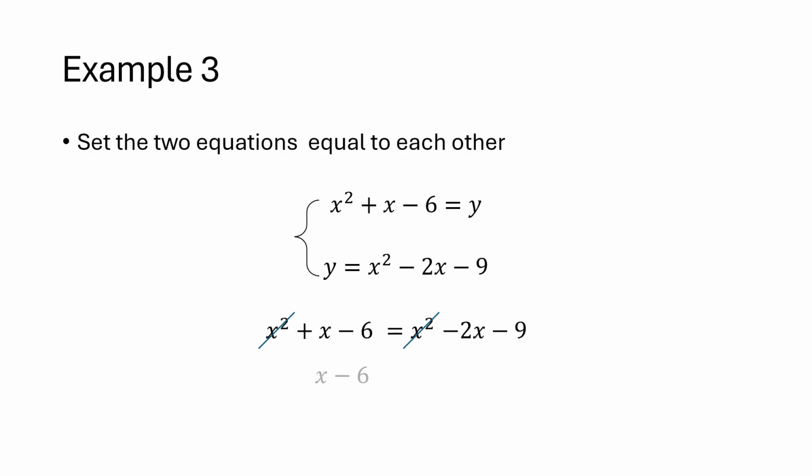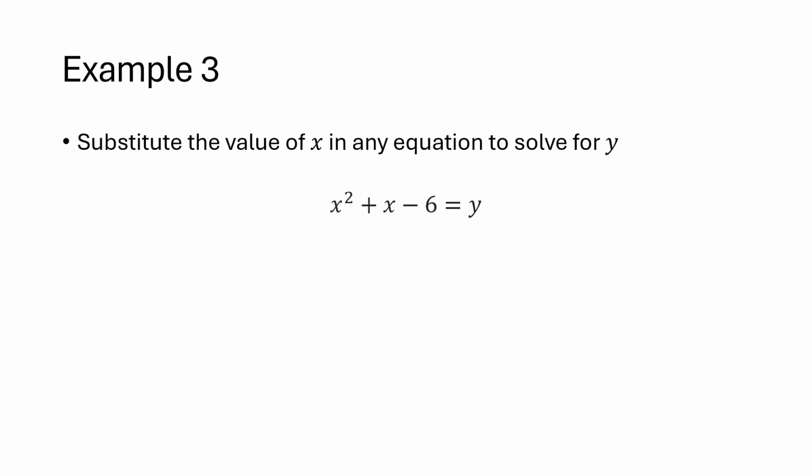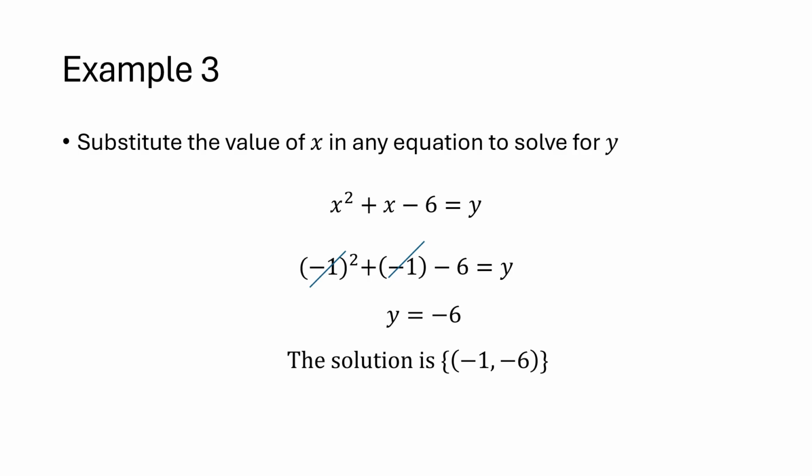X squared can be cancelled on both sides. And from here, solving for x, we get x equal negative 1. Now we're going to substitute negative 1 in any equation. I chose the first one to solve for y. Therefore, y equal -6. Therefore, the solution is -1, -6.